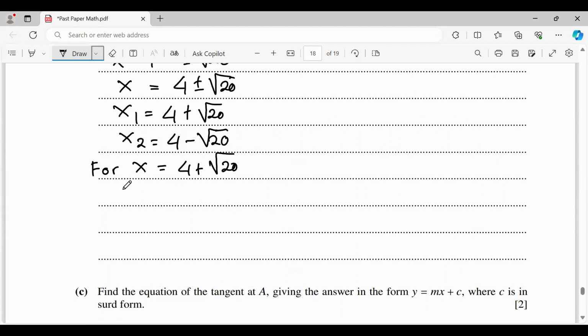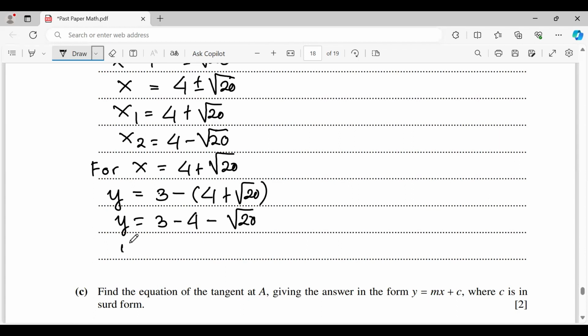So it's going to be y equals 3 minus x. So 3 minus 4 plus square root 20 becomes 3 minus 4 minus square root 20.